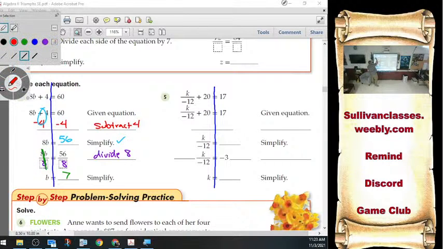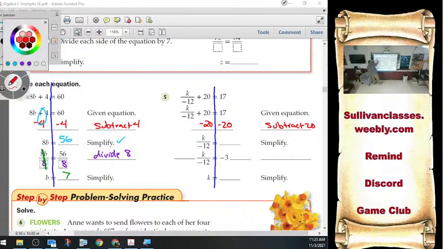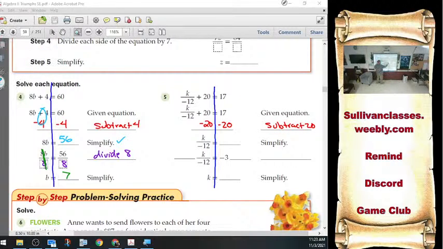Same thing over here. We have a positive 20. I'm going to subtract 20. If I have 20 and I minus 20, what does that equal? 20 minus 20 is 0.